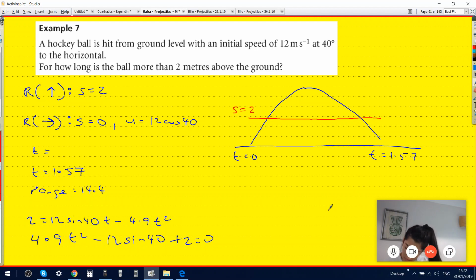Okay. I just got 2 negative answers. What's the difference between the 2 negative answers?